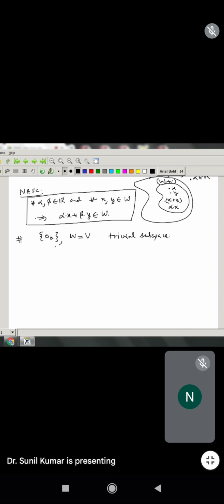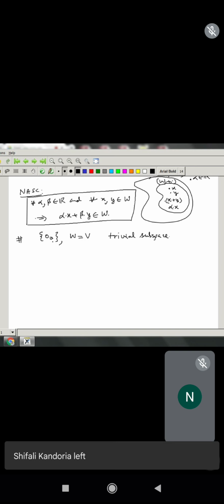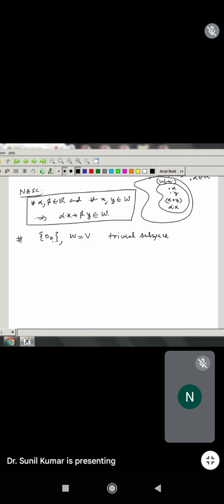If we talk about only these two subspaces, 0_V is a subset of V, and if we take W equal to V, then without any checking, they are trivially subspaces of the vector space.